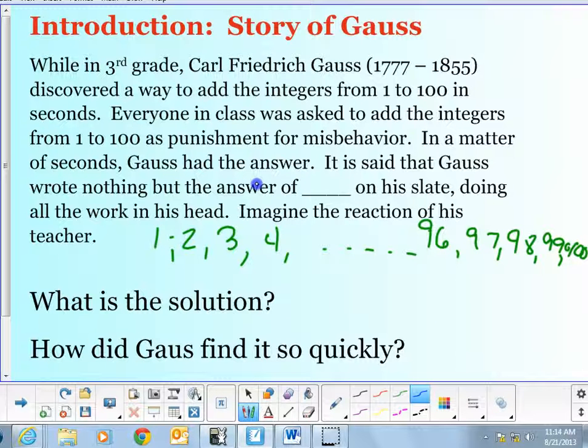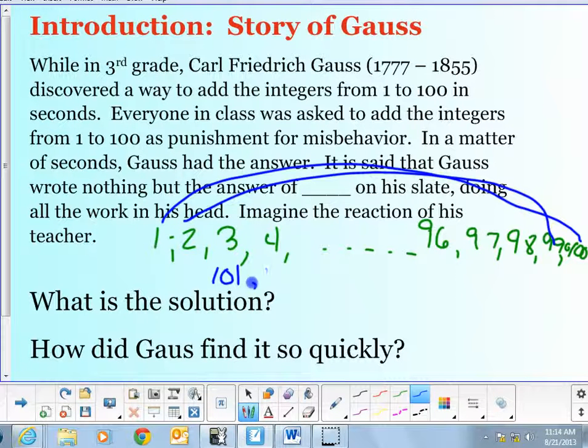No, he didn't have a calculator in 17-something. Look, what if you do the first one and the last one? What do you get? 101. If you do 2 and 99, what do you get? If you do 3 and 98, what do you get?